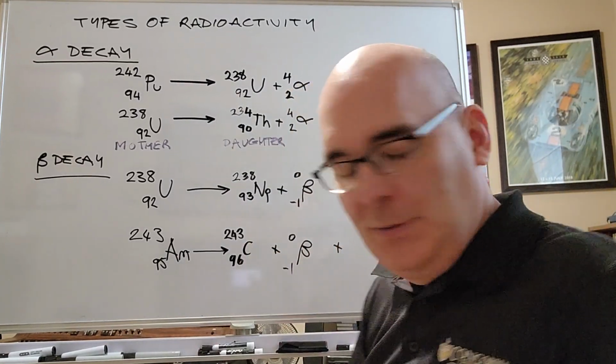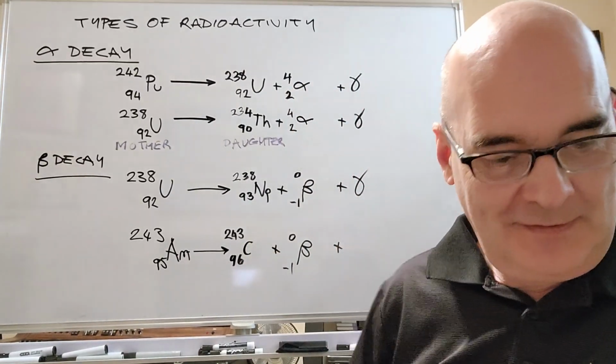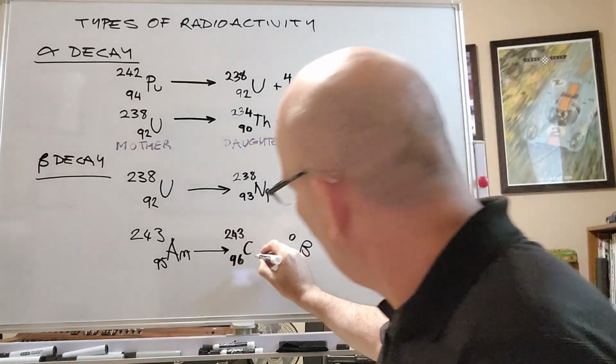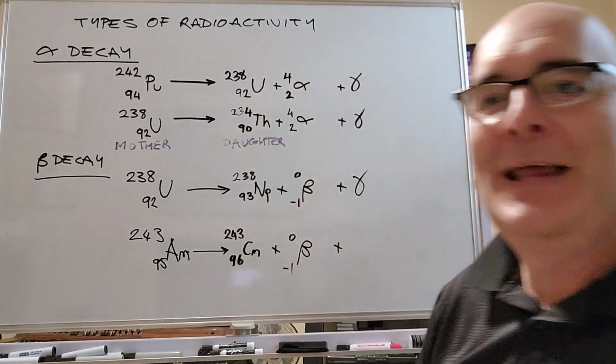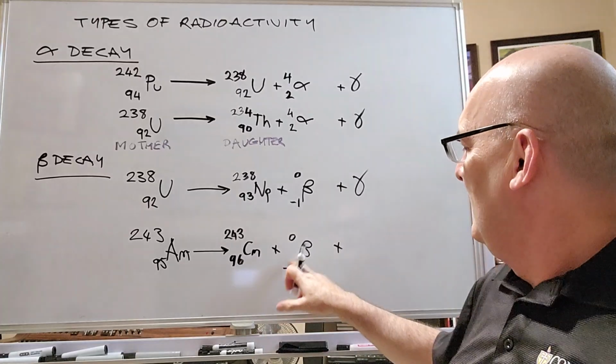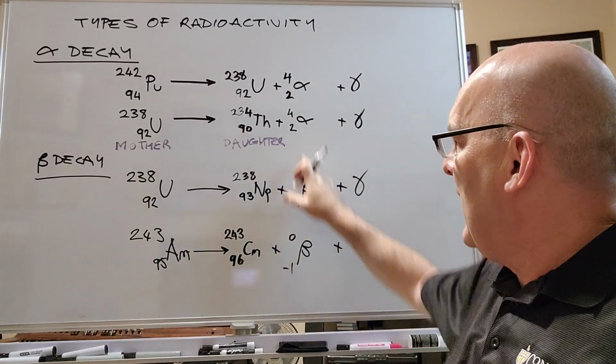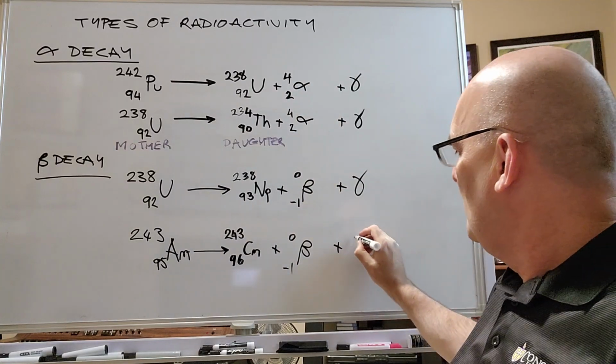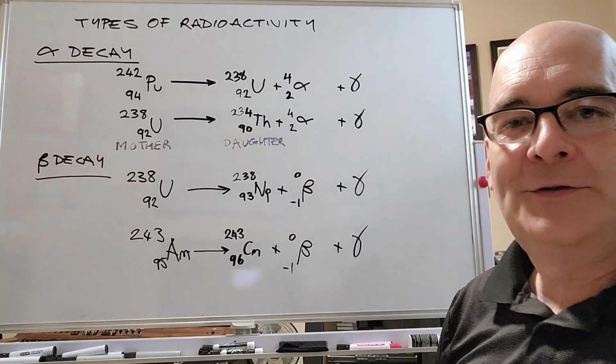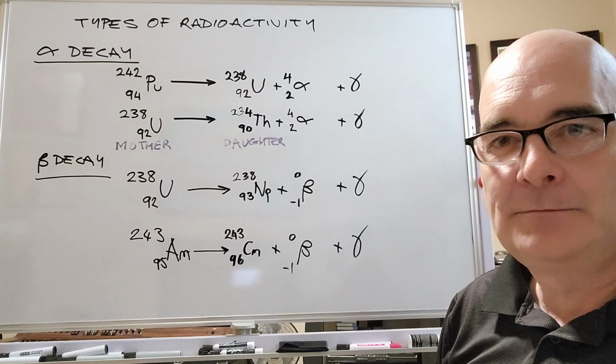Not CU, CM. I almost made that be copper. That would be completely wrong. Along with every alpha and every beta emitted from the nucleus, you also get gamma radiation.